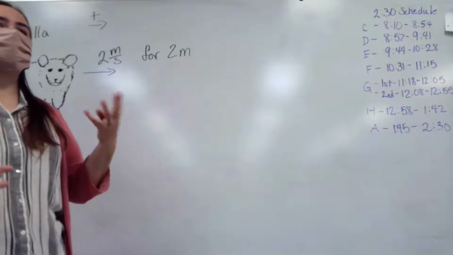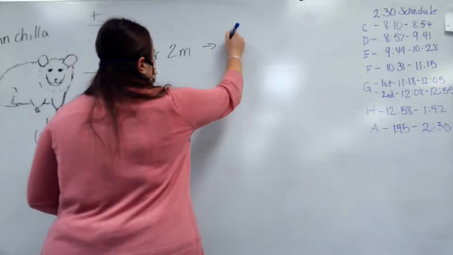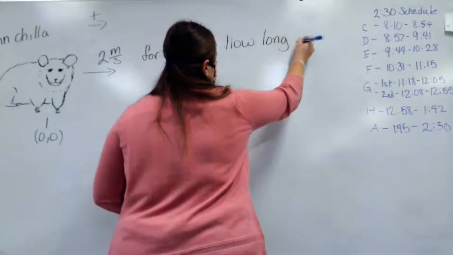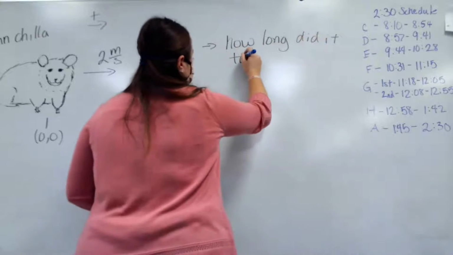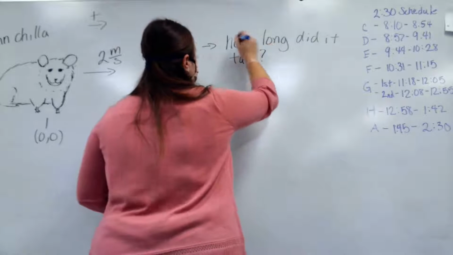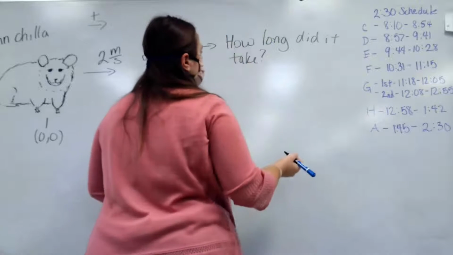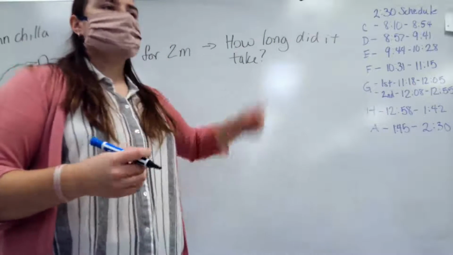But let's actually look at how we get the equation in the right form. So this time we're looking for how long did it take. Which variable is going to be our how long did it take?